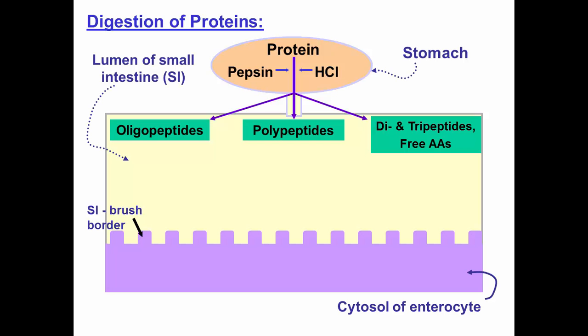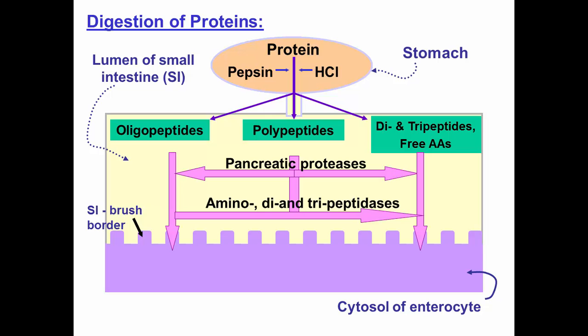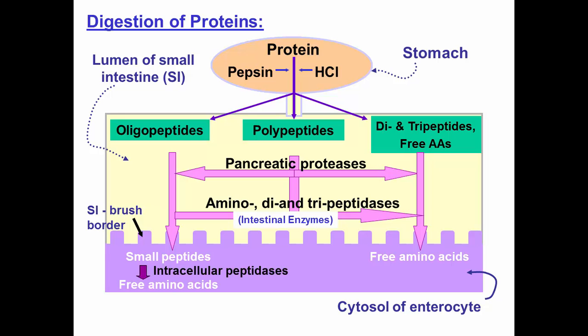Okay. What next? This is my beautiful picture of the intestinal lumen right here, and we've got pancreatic and intestinal enzymes working on these, right? That's where we are in the duodenum. And then we've got absorption happening, right? We can absorb small peptides as well as free amino acids, and once they get into the enterocyte, intracellular peptidases can act to further break down the peptides.